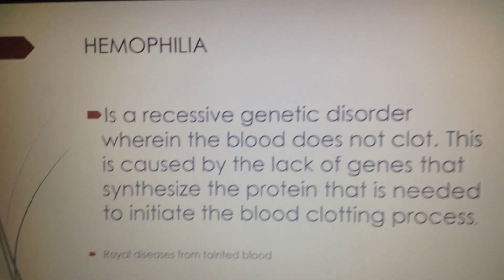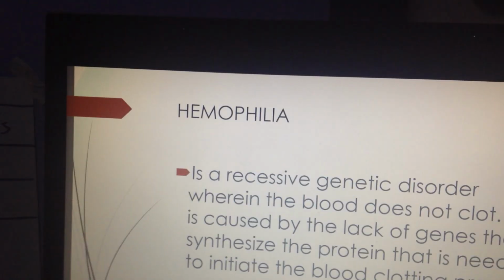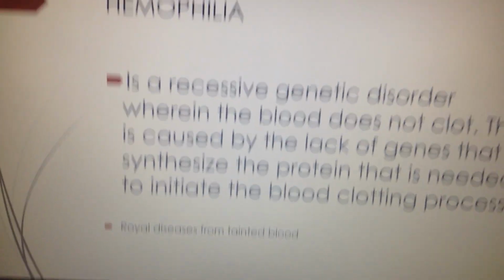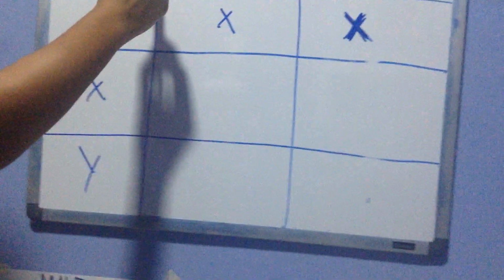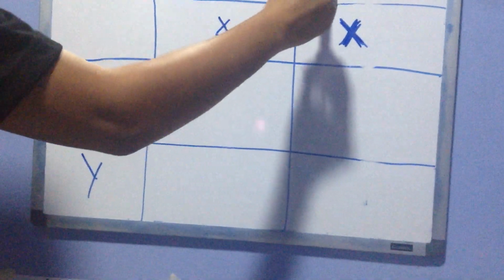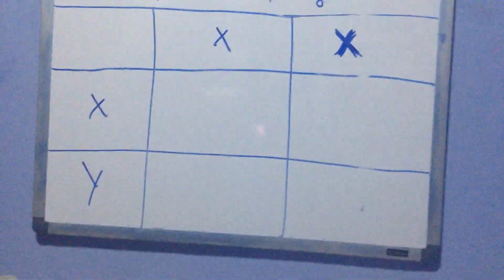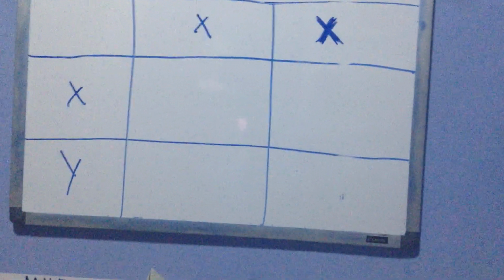Now, we're going to have another example on how we're gonna know if a person would be a carrier or would be hemophiliac.